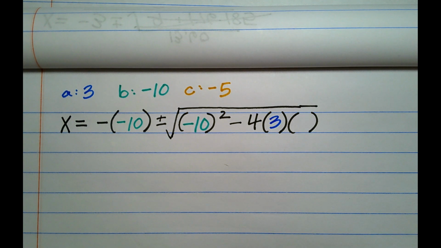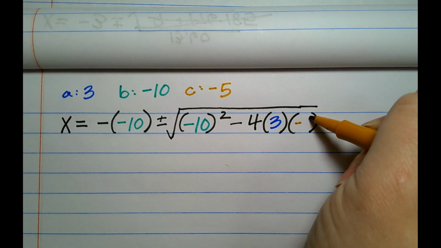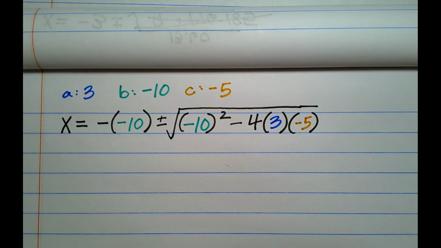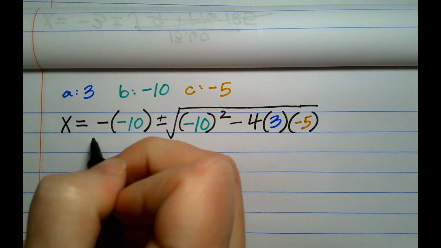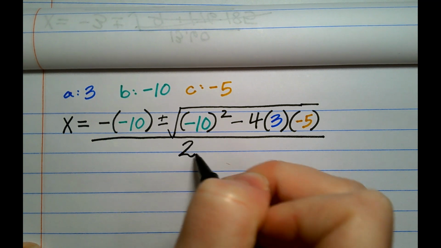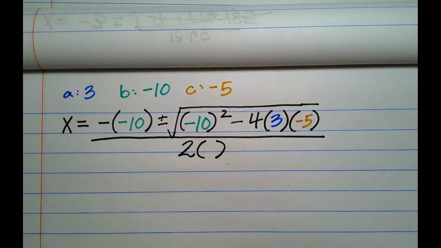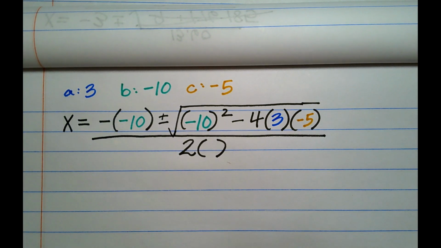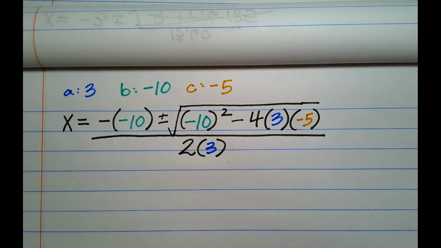Negative 5 for c. And all of that is divided by 2 times a, and our a is 3. Okay, we've got it all plugged in.